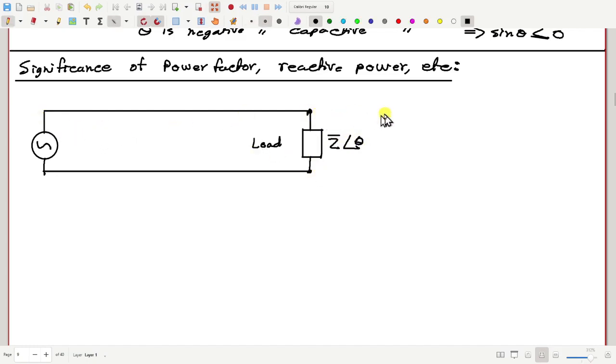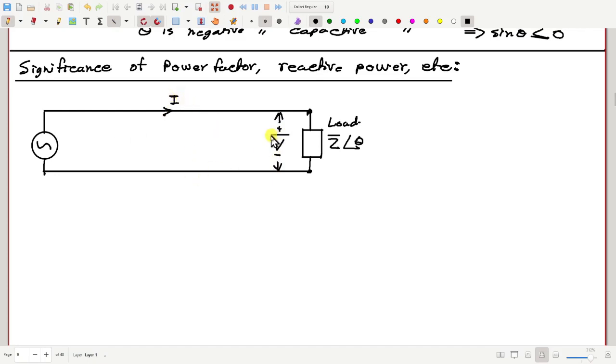Now let the voltage from here to here be equal to V, and the current is coming here.